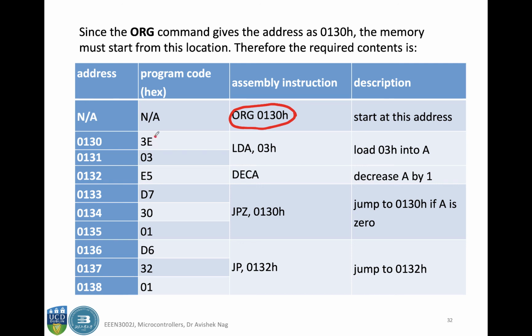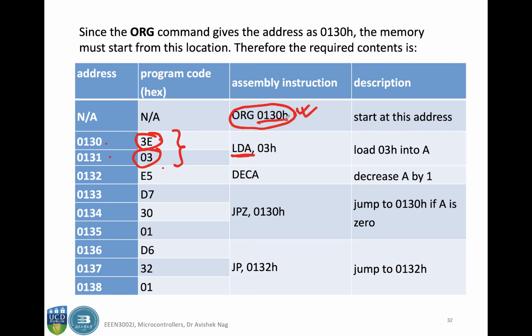So in the first memory location you will have 3E, which is the hex equivalent of load A, and then in the next memory location 0131 you have the actual data which is to be loaded. So this is a 2-byte instruction, and the 2 bytes of this instruction are stored at 0130 and 0131, because your assembler directive says that your program has to be started from 0130.